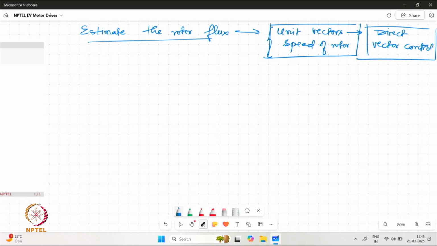So we'll see the equations, how we can have estimation of rotor flux and how we can have unit vector generation on the basis of that, and then eventually the generation of the speed feedback.